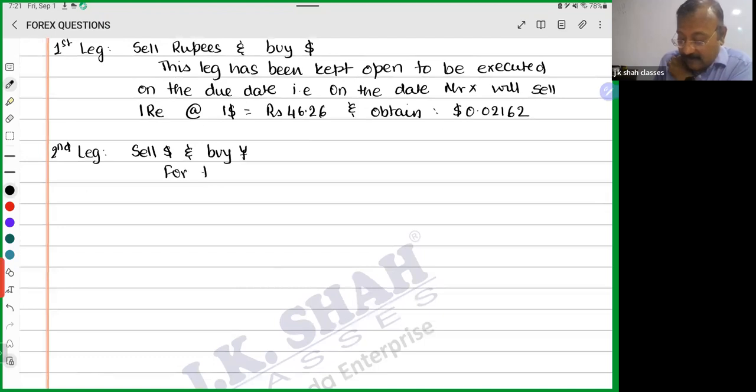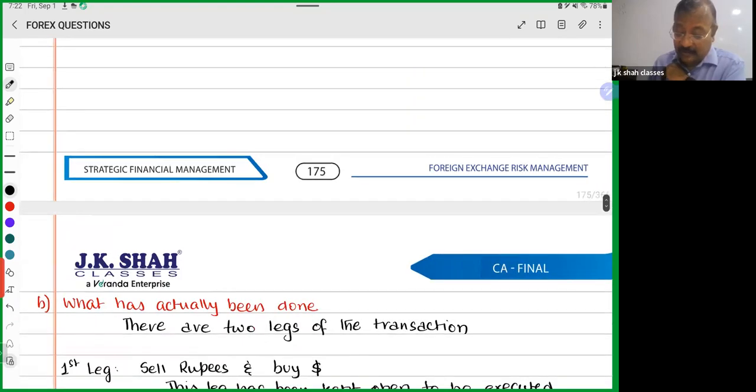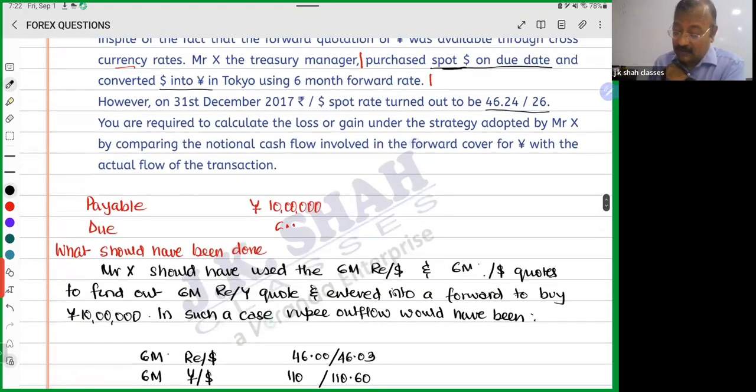For this leg, Mr. X has entered into a forward contract to sell dollar and buy yen at, now what rate for selling dollar and buying yen 6-month forward?